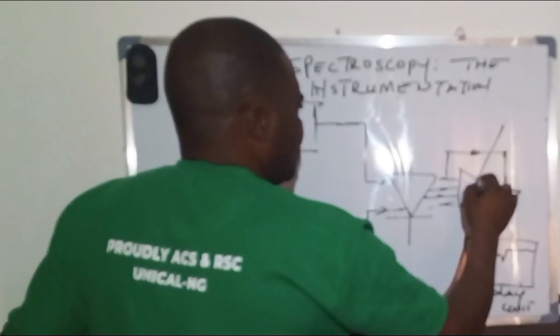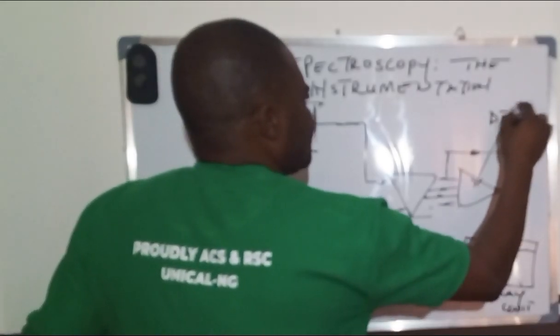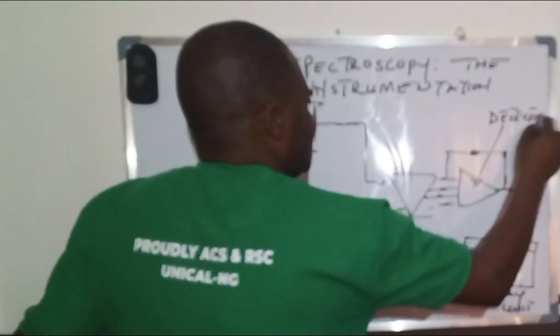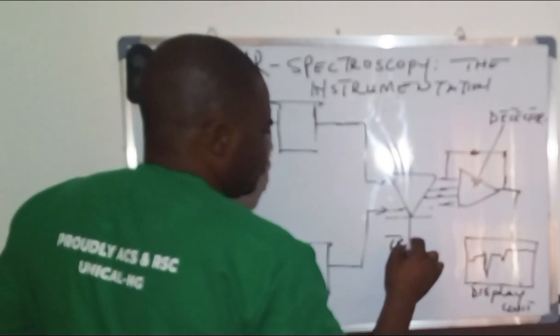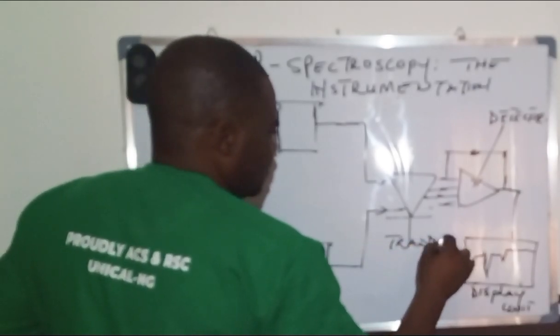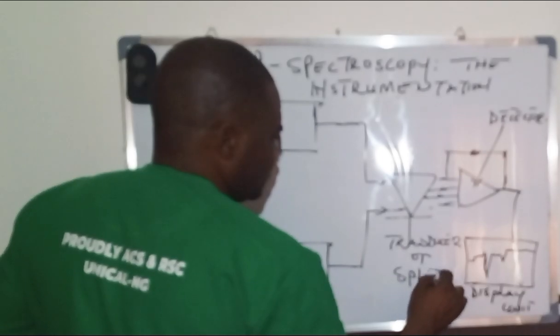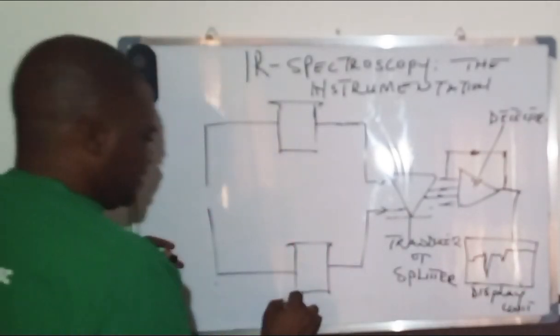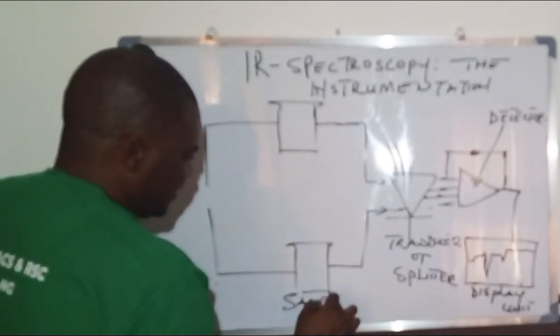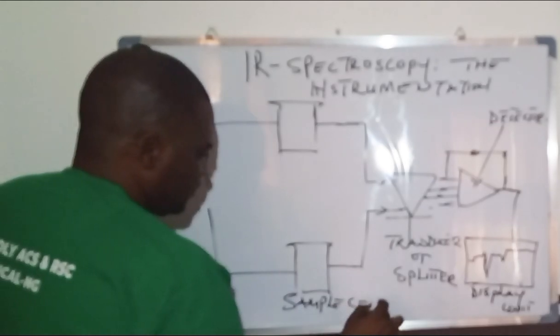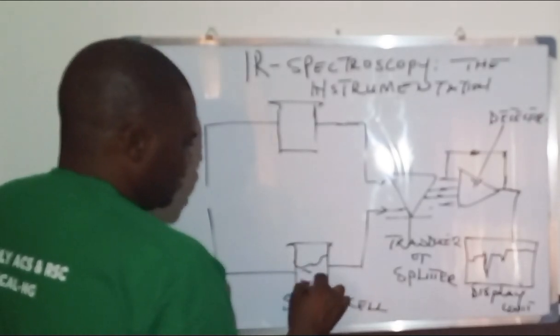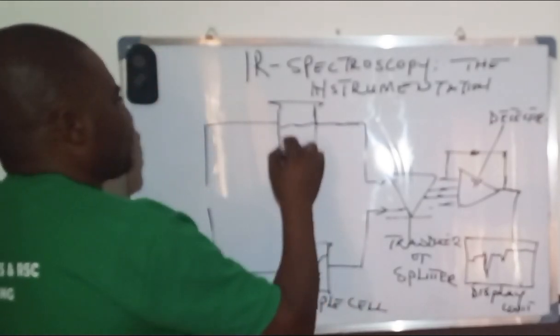This is what we call the detector, and this is what we call the transducer, or you can call it the splitter. And this is your sample container or sample cell, while here is your reference cell.